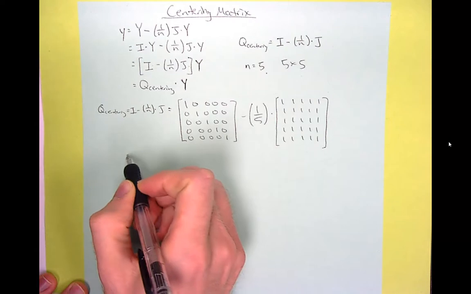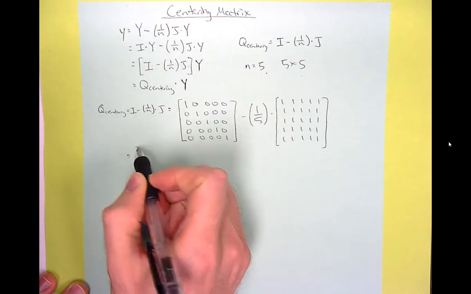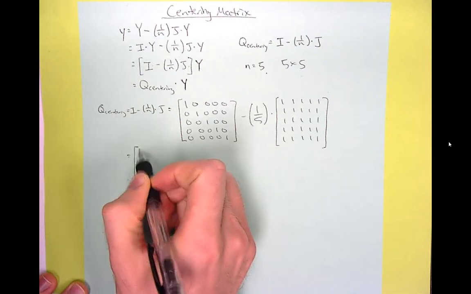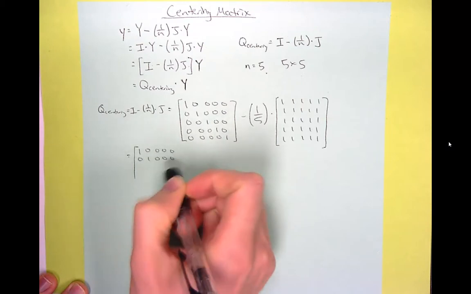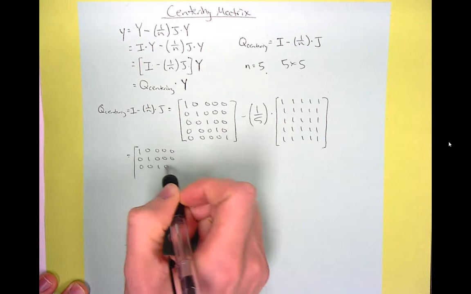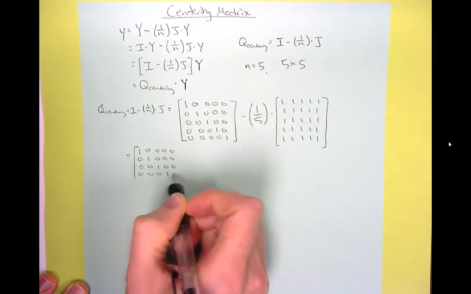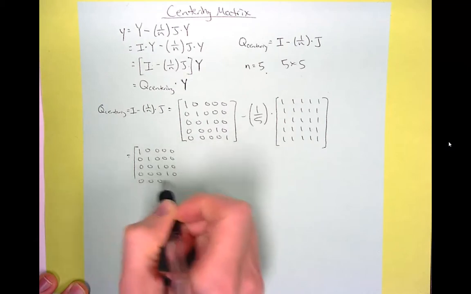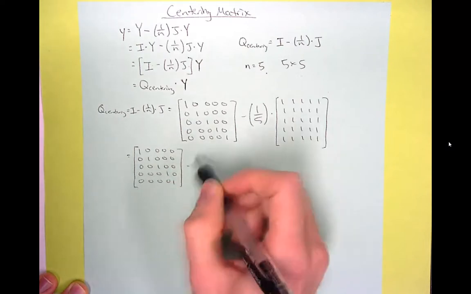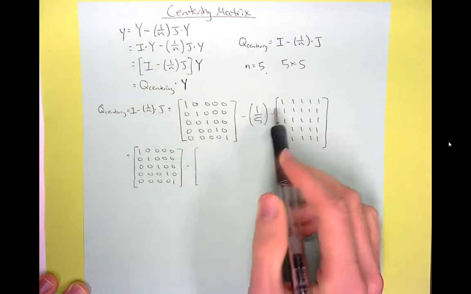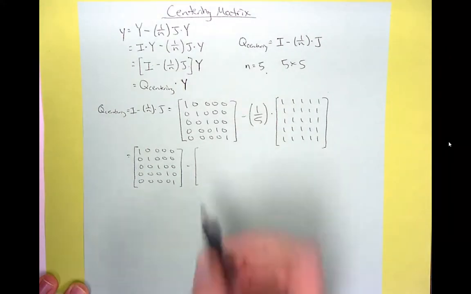This is going to equal our identity matrix minus, and all of these will just turn into 1/5.